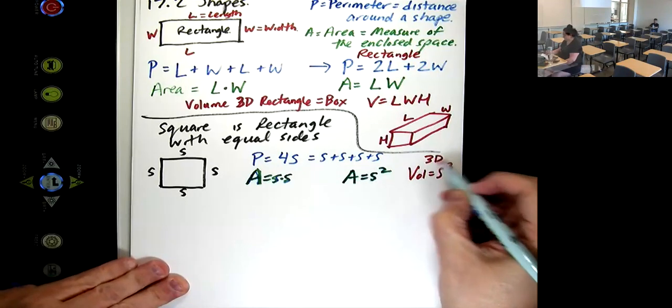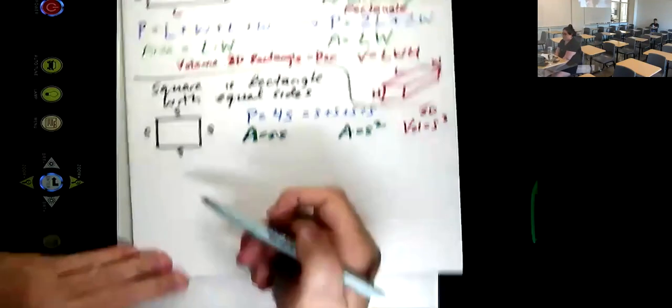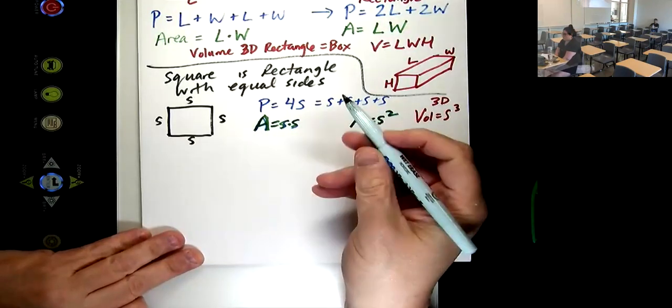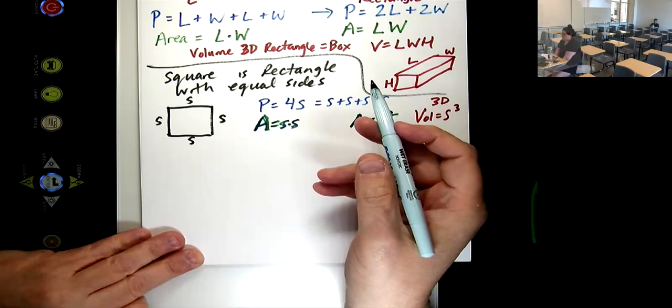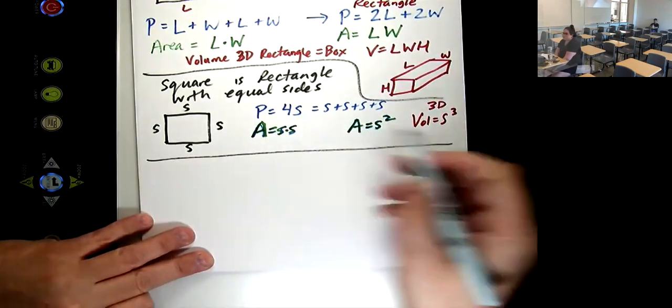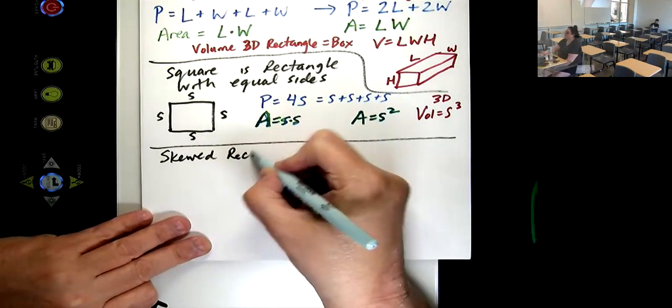The rest we're not going to do 3D on because there's just too many shapes implied by what we could do. Something that's similar to a rectangle, but slightly askewed. A skewed rectangle is called a parallelogram.